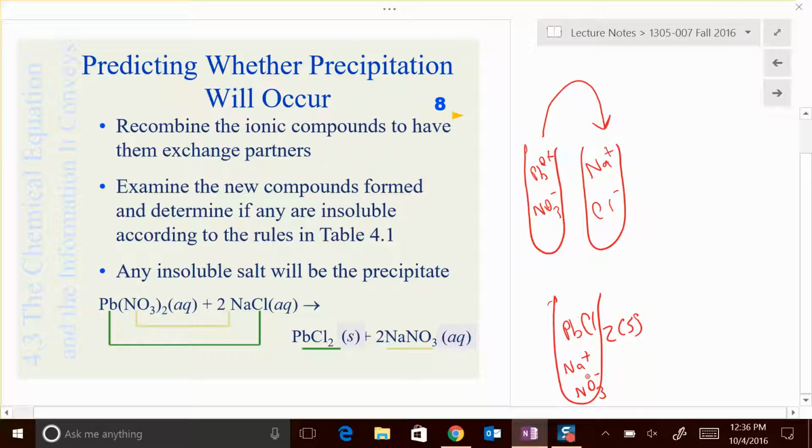They remain in solution. So we get a solid product coming out of solution as our precipitate. That's a solid. The sodium and the nitrate remain aqueous, so they actually didn't do anything. This is a double replacement reaction because the lead and the sodium are switching places. They're just switching partners.